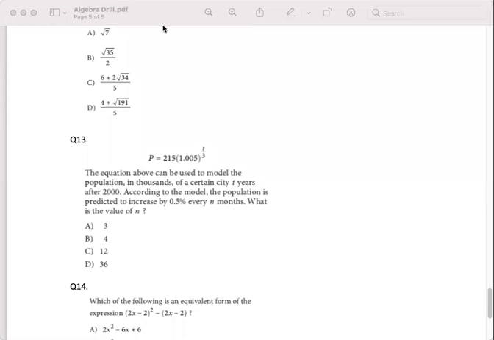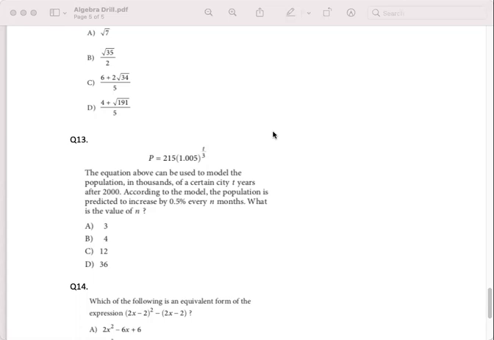Okay, question 13. The equation above can be used to model the population in thousands of a certain city t years after 2000. According to the model, the population is predicted to increase by 0.5% every n months. What is the value of n? Okay, so let's first understand when would it increase by 0.5%, right?